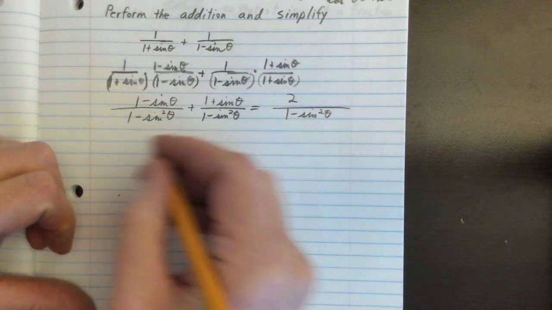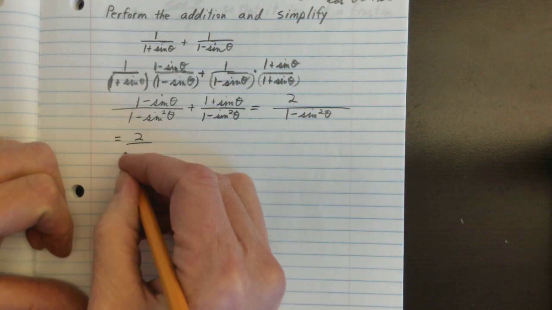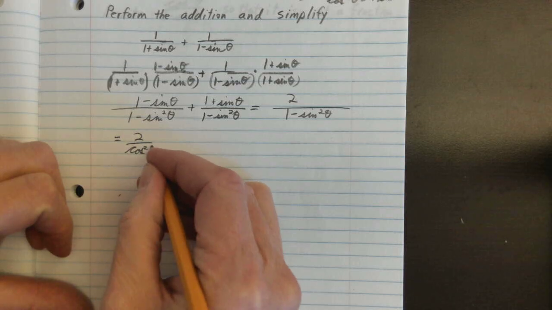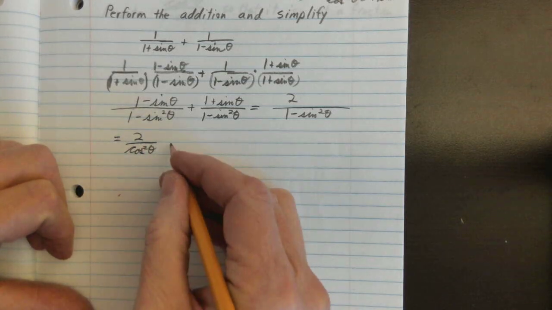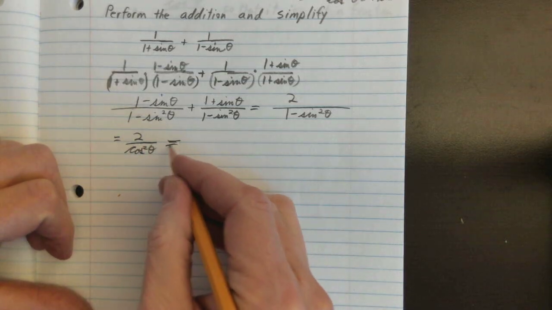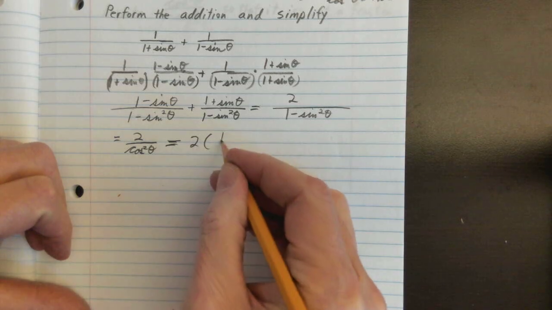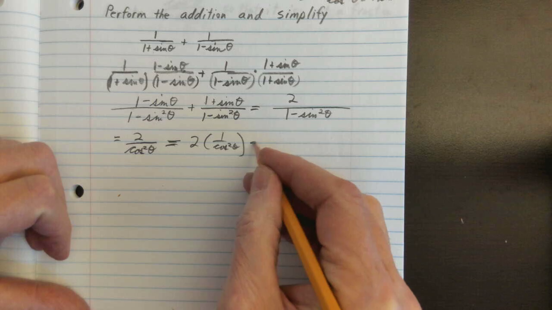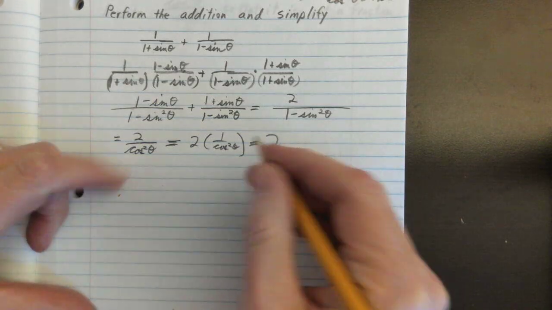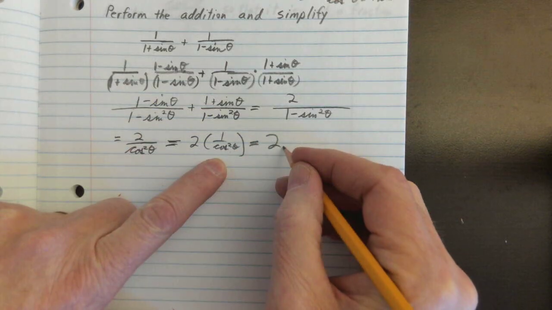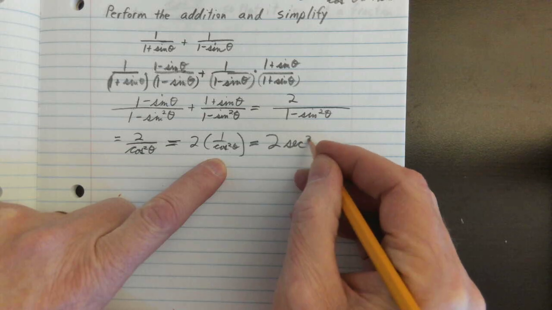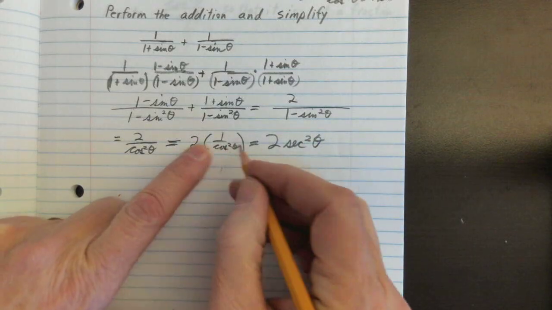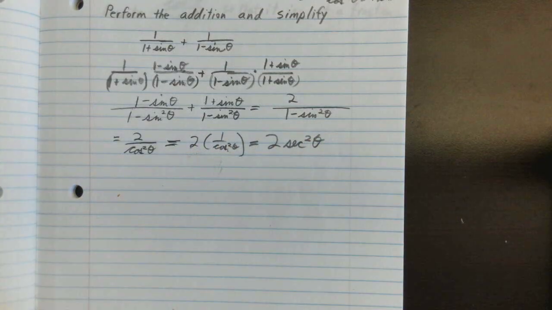So this is equal to 2 over cosine squared theta, which is pretty nice, but I'm going to go even further than that. That's 2 times 1 over cosine squared theta, and 1 over cosine squared theta is secant squared theta. This is 2 times secant squared theta.